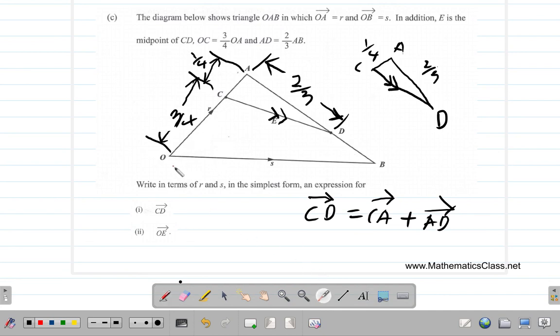From O all the way to A is referred to as R. OA equals R. So from O to C is 3/4 of R, and from C to A is 1/4 of R. So CA equals 1/4 R. Now, next part, plus AD.